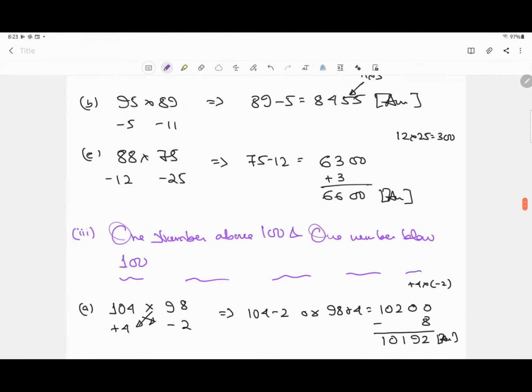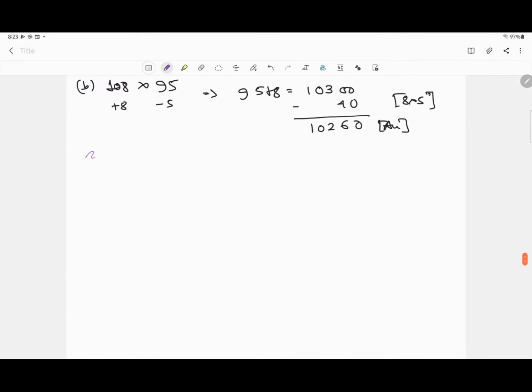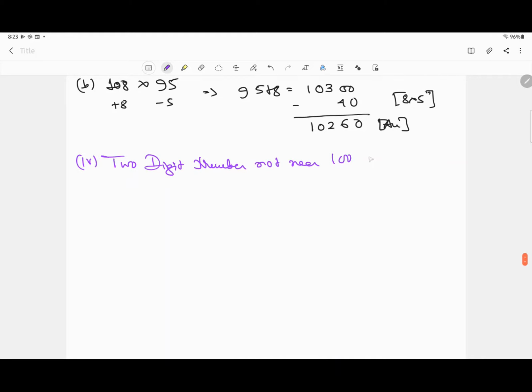Okay, so next we will come to any 2-digit number. Let's see how we will do it. It's very interesting. Now this I am telling for any 2-digit number. Okay, let us take examples.